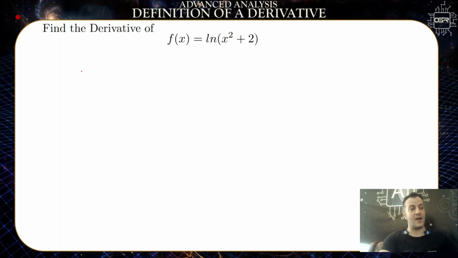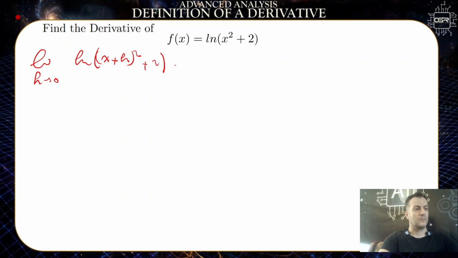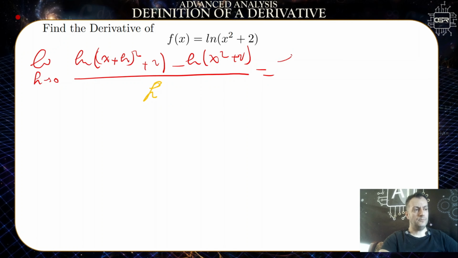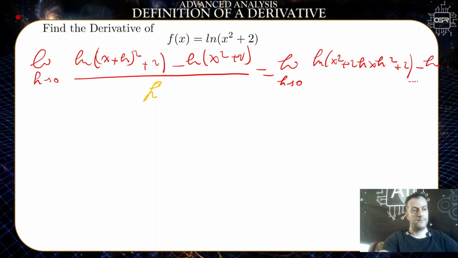f of x equals ln (x squared plus 2). So it is the limit as h approaches 0 of ln ((x plus h) squared plus 2) minus ln (x squared plus 2), divided by h, equal to the limit as h approaching 0 of ln (x squared plus 2hx plus h squared plus 2) minus ln (x squared plus 2), divided by h.